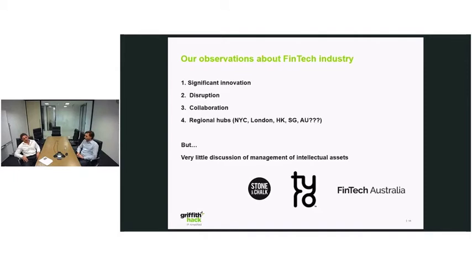And then the other thing that we're seeing, which on the tech side is also quite interesting, is that we're starting to see some real regional hubs set up. I think probably the biggest regional hub internationally is London. There's a very big fintech community in London. New York's another very fintech focused location.